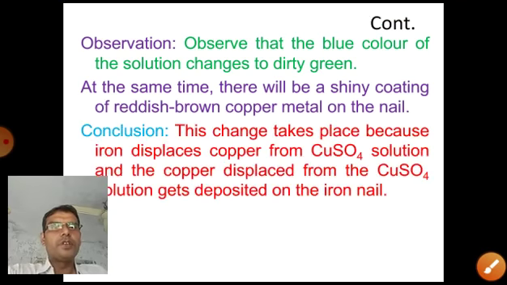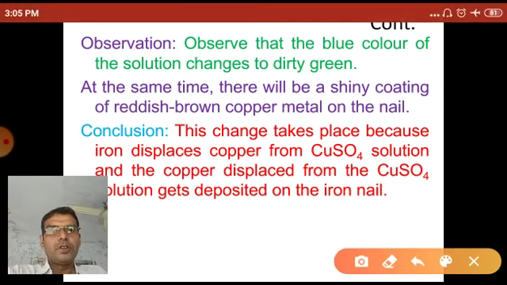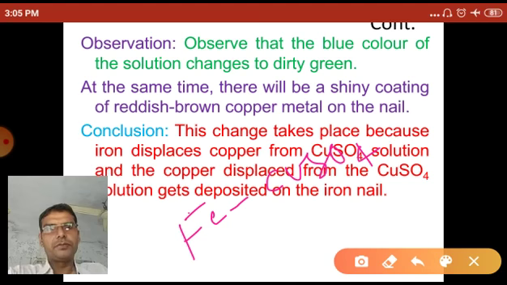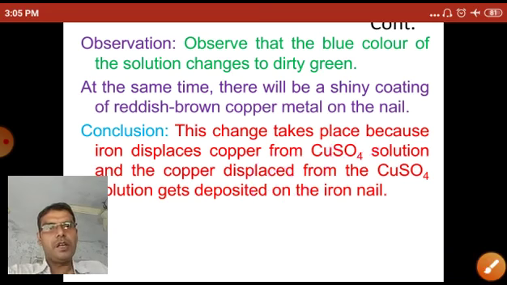So what we concluded is that this change takes place because iron displaces copper from the copper sulfate solution, and the copper displaced from the copper sulfate solution gets deposited on the iron nail.